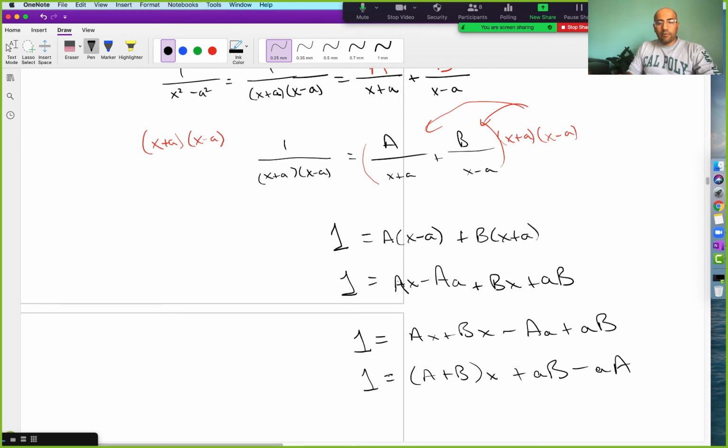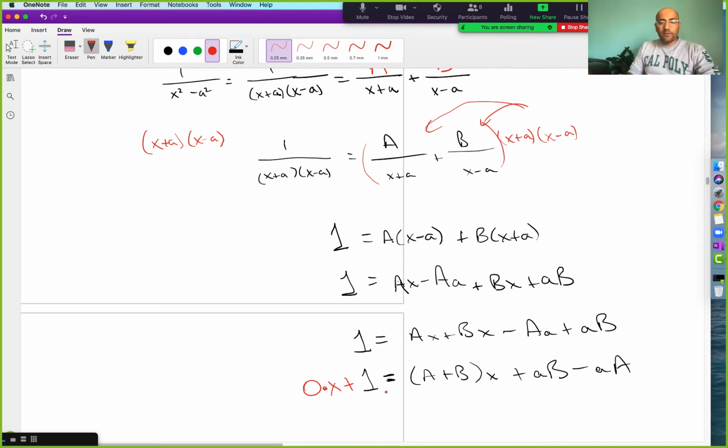And then again, I rely on the power of that equality. Because there is no x term over here, we can write new terms, if we want to, that have a 0 in them.